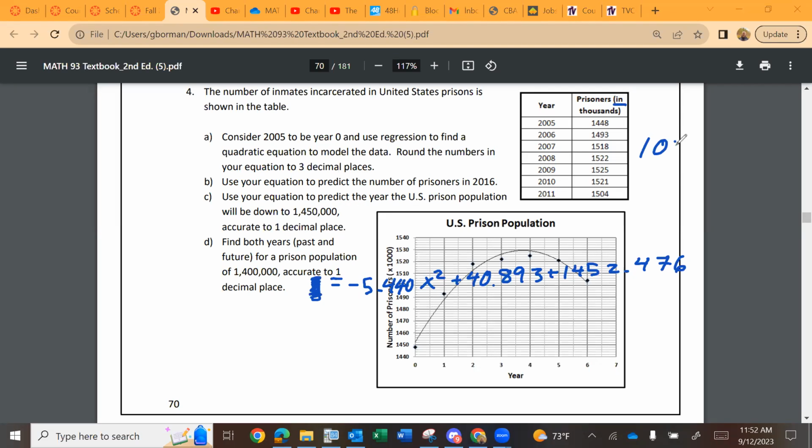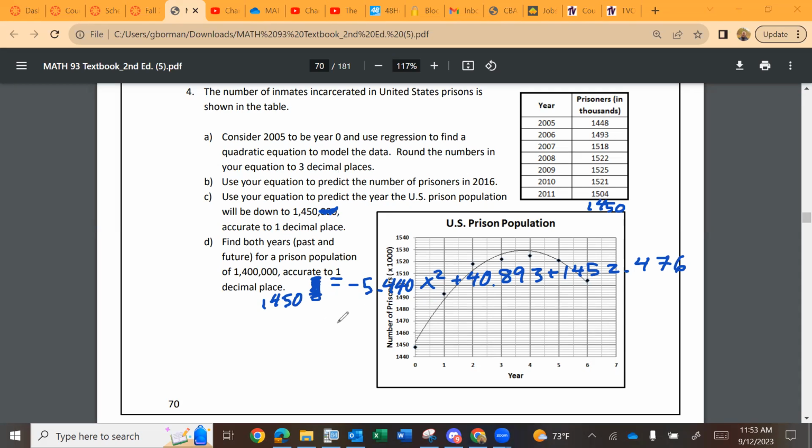Since 1,000 has 3 zeros, I'm just going to knock off those last 3 digits. So 1450 is what I'm going to plug in, 1,450,000 prisoners.